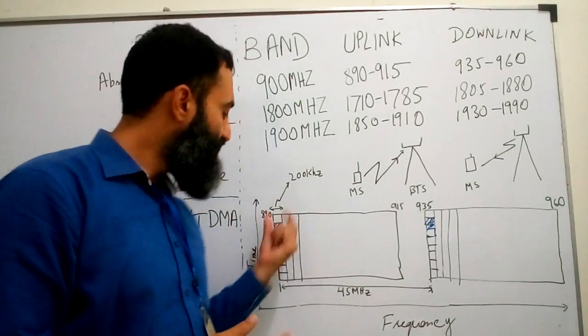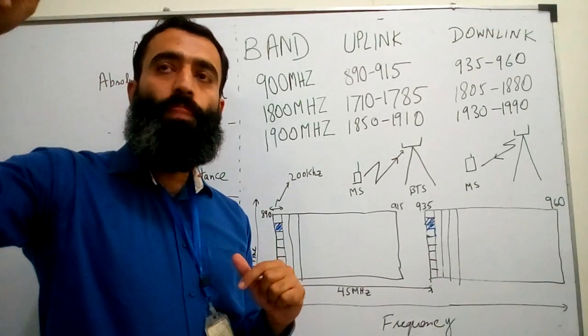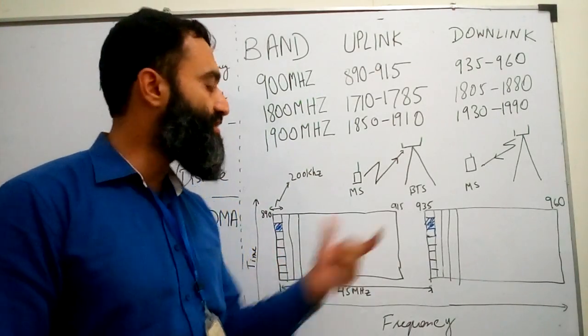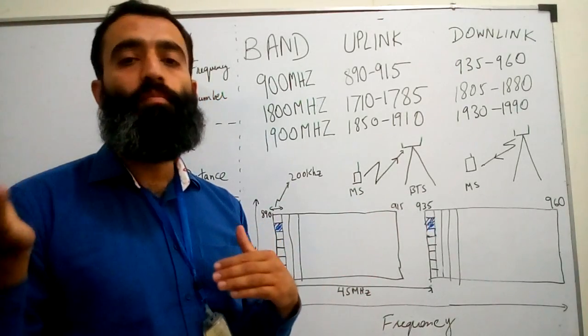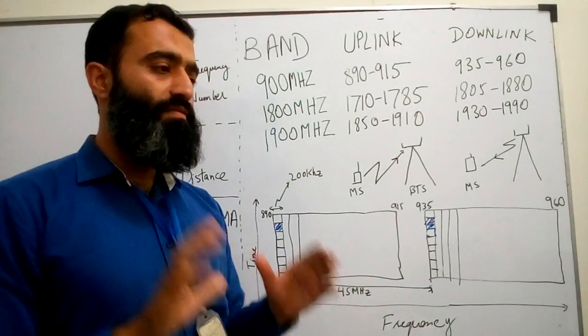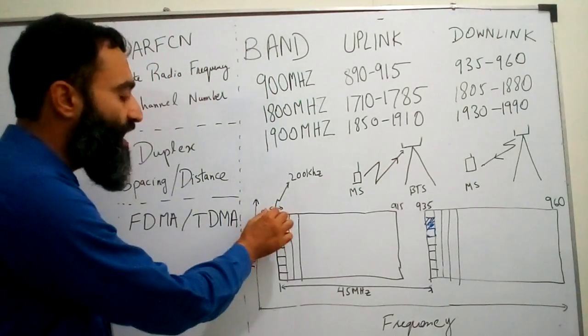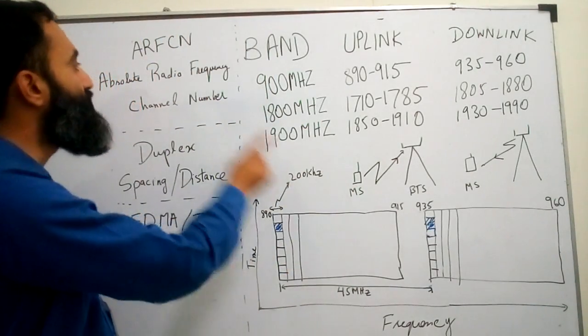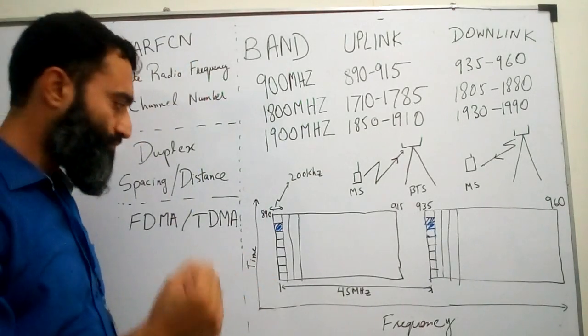So this first uplink 200 kHz channel along with the first downlink 200 kHz channel is called the uplink downlink frequency pair. In technical terms, this uplink and downlink pair is known as the absolute radio frequency channel number.